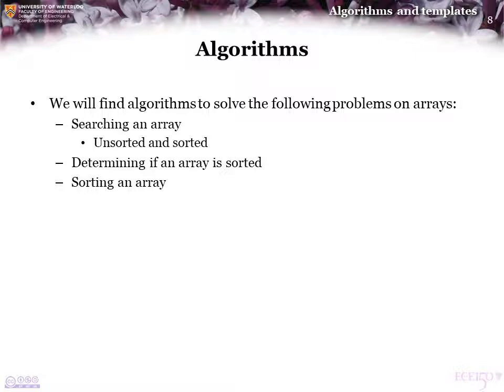We will then determine if an array is sorted, and finally we will look at two different algorithms that will sort an array. That is, take an array that is not sorted and rearrange the entries so that the result is sorted. The algorithms we will look at are selection sort and insertion sort.